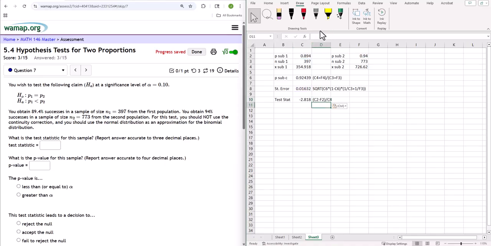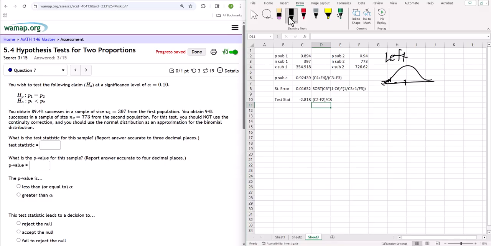And now we are going to need to find our p-value. Now, distributions are normal here. Proportions are normal, excuse me. And we have a left-tailed test. So we're left-tailed.